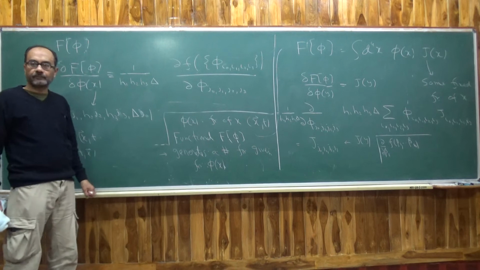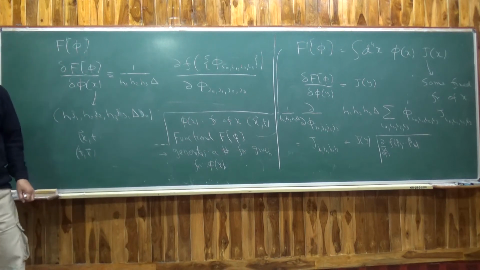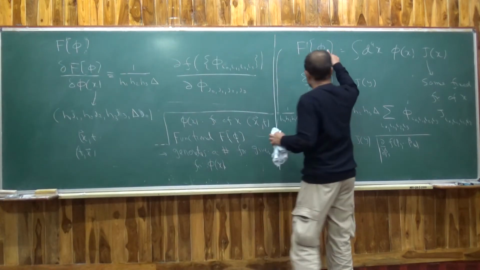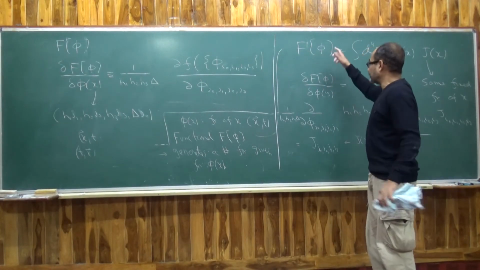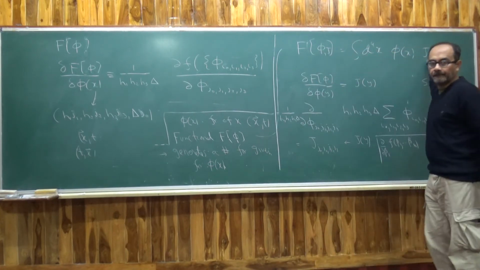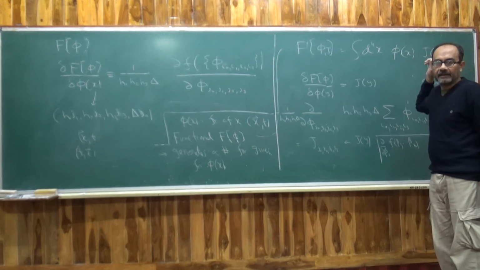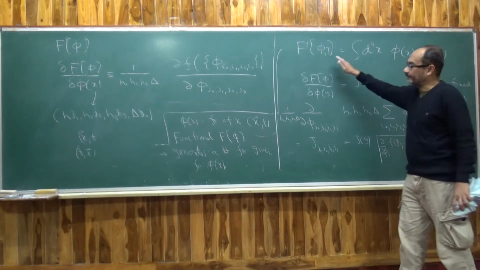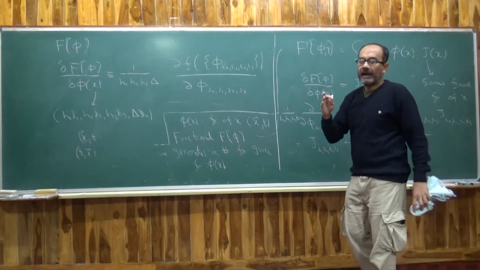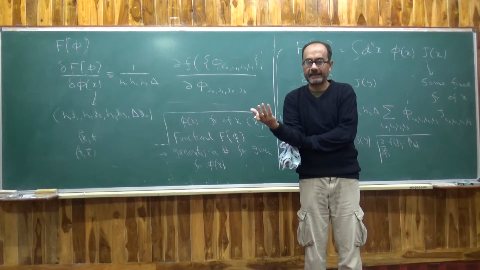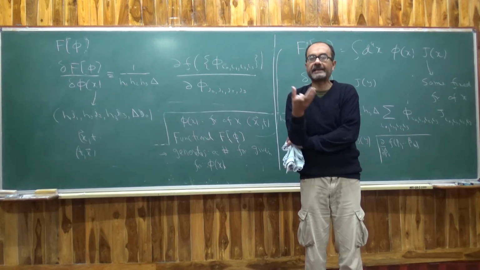Sir, why are we not writing capital F of phi comma j? Well, I can write it there: phi comma J. Except that I am thinking of J as a constant when differentiating with respect to phi, but you can write it as a function of phi and J. It's like if you have c sine x, you could think of it as a function of x, or as a function of x and c.